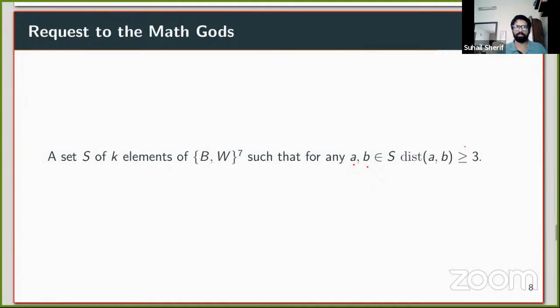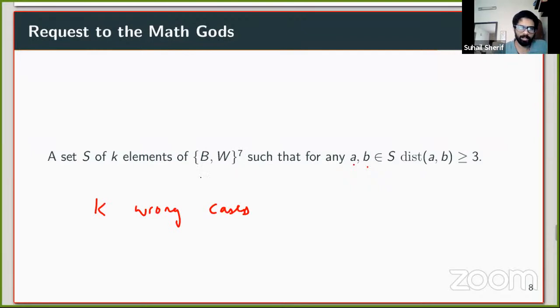So when the math gods give us this set S, assuming it has K elements, that means we have K wrong cases. They all have distance at least 3 from each other.